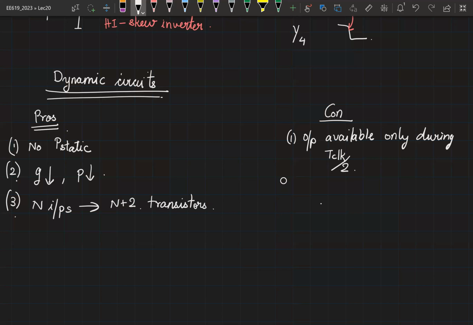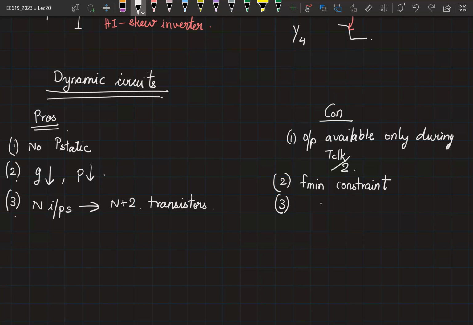What are the disadvantages? One, we already said that the output is available only during T clock by 2, right? What is a major disadvantage? There is an F min constraint also. There is a minimum frequency with which this can operate. But a bigger problem is that there is a constraint on the type of transitions you can have during the evaluate phase.